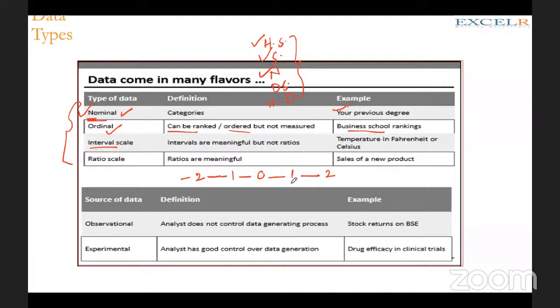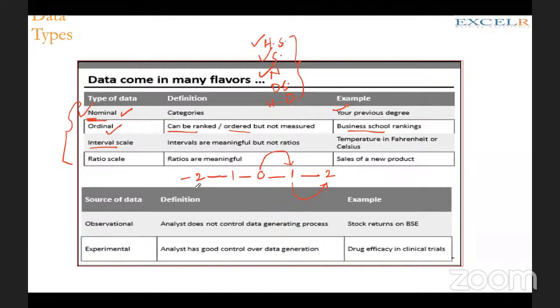If I move from 1 to 2, the increment of the temperature that I would experience, the similar kind of experience I will get when I move from 0 degrees to 1 degree.